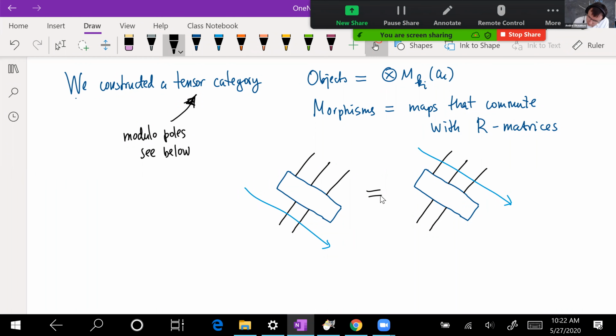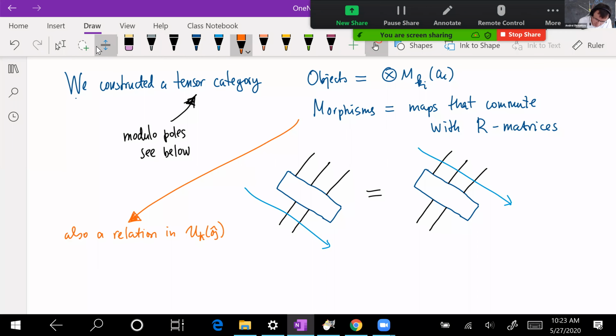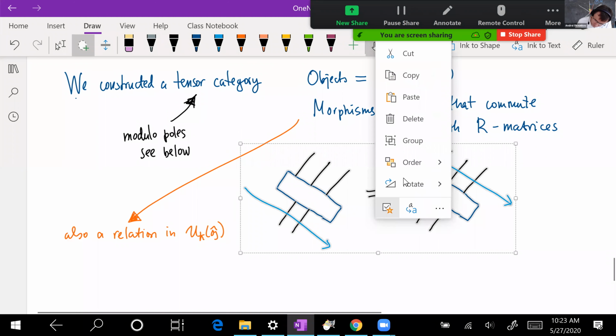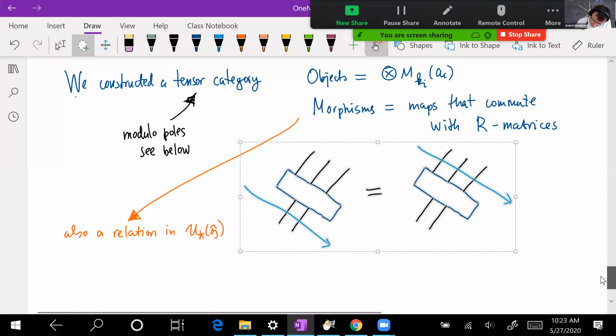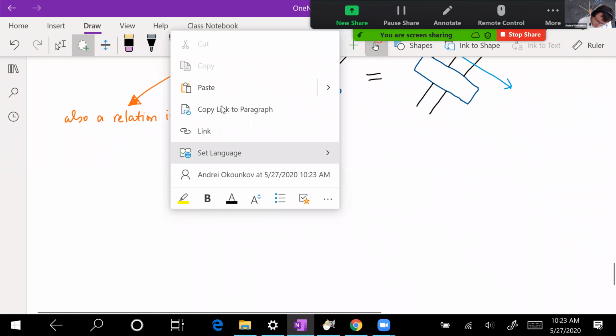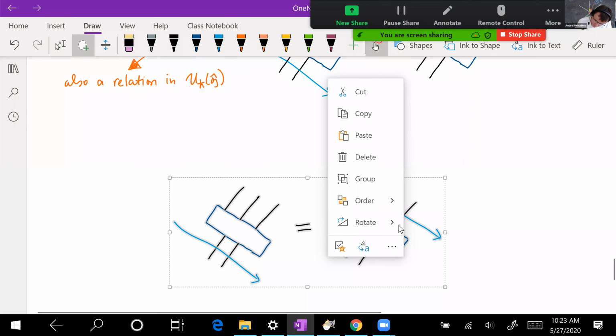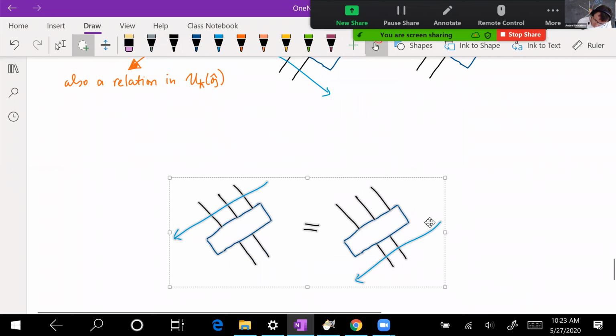And now I'm saying that every such morphism also gives me also a relation in my algebra by that same procedure that I can take this picture and I can flip it.